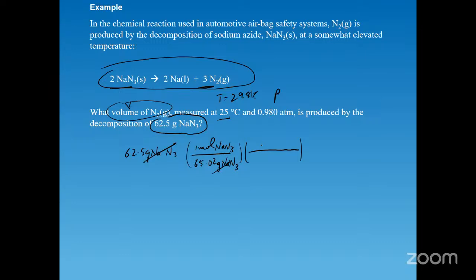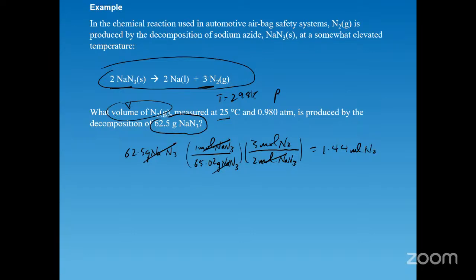So the way I would represent that here is that I'll put 3 moles of nitrogen, N2, above as a numerator, and 2 moles of sodium azide below as the denominator, all right? So this will cancel out with this, and then I would do the calculation, 62.5 divided by 65.02 times 3 divided by 2. So according to my calculations, this is equal to 1.44 moles of nitrogen.